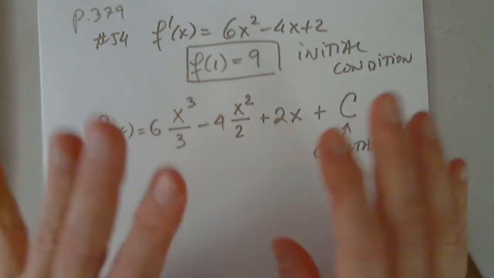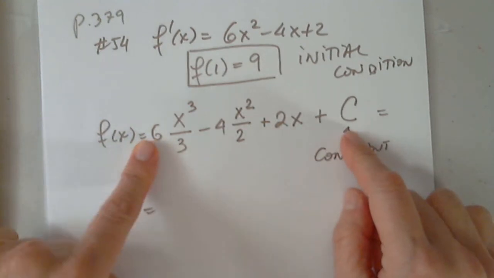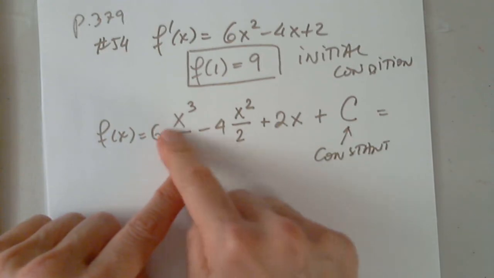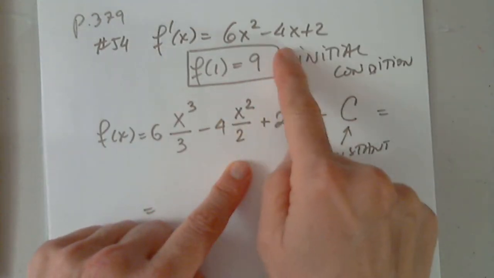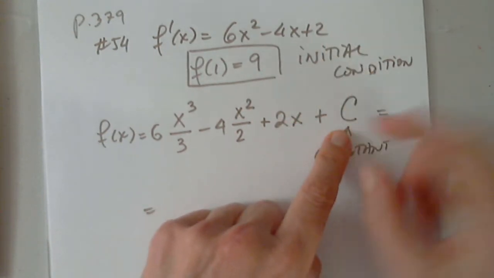Very good question. So at this point, I'll stop and say, when I differentiate this function, do I get that? Let's see. I bring down 3, simplify, so I have 6x squared. I bring down 2, it simplifies, and I get negative 4x. I differentiate 2x and I get 2. I differentiate c and I get 0.